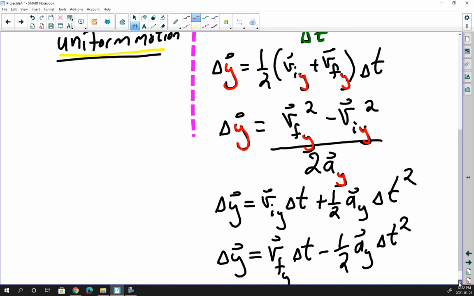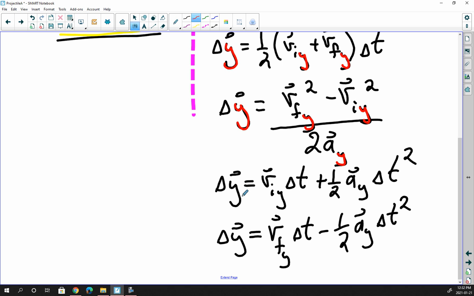And the last two, they're like the twin equations here. Change in position, y component, is equal to initial velocity y component multiplied by time, plus half of the acceleration y component, delta t squared.